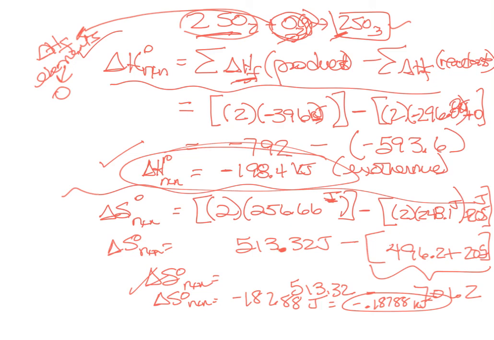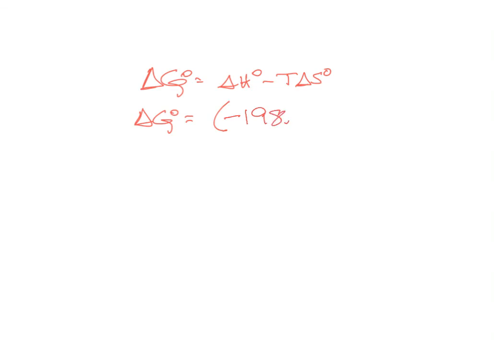Now that you have delta H and delta S, you can plug them back into the equation for delta G. We're trying to find delta G now. What is the value we got for delta H? It is minus 198.4 kilojoules. Temperature has to be in Kelvin.